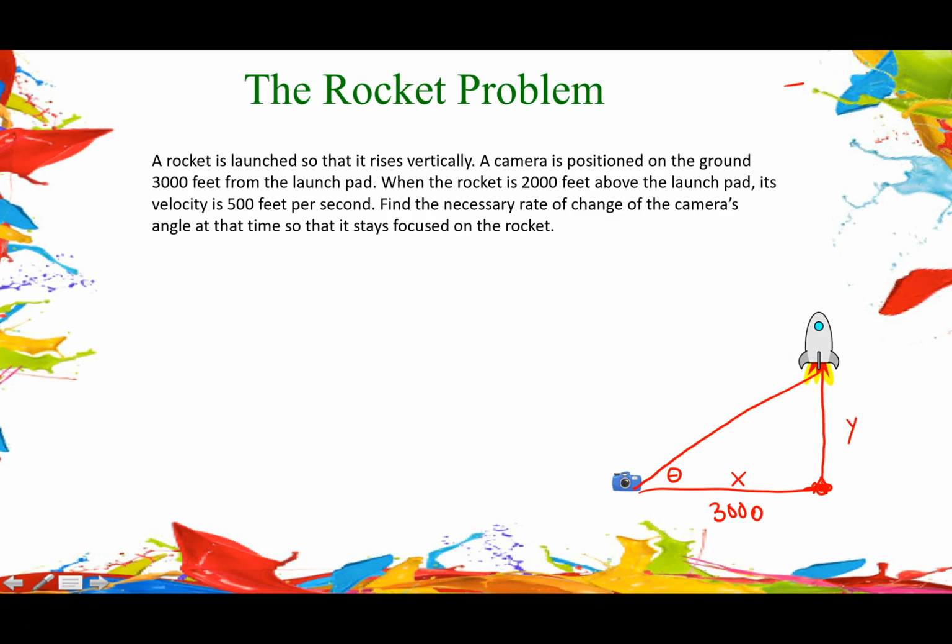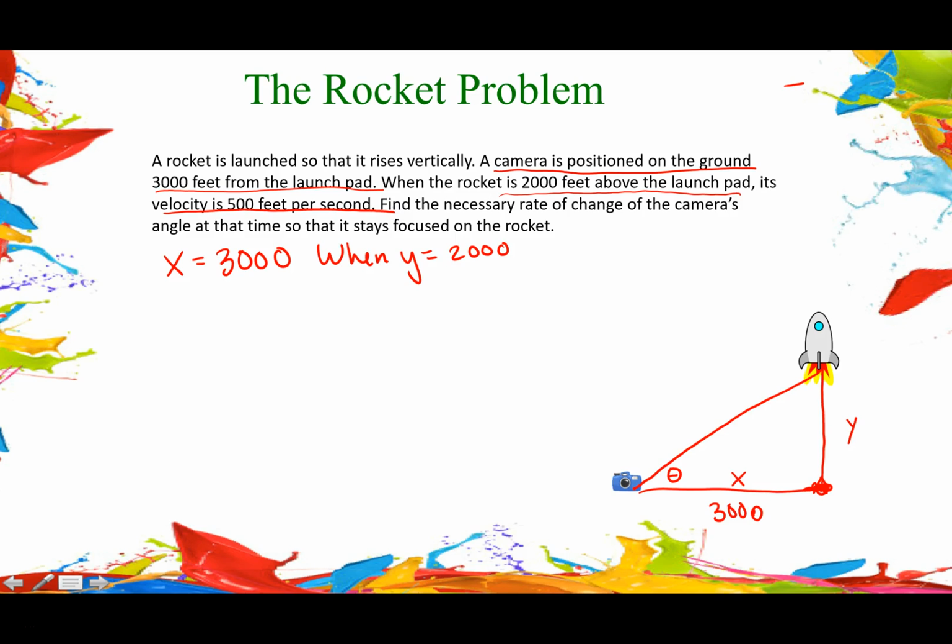So first of all, the camera is positioned on the ground 3,000 feet from the launch pad. So that's going to be x equals 3,000. When the rocket is 2,000 feet above the launch pad, so when y equals 2,000, we know that the velocity, which is a rate, is 500 feet per second.